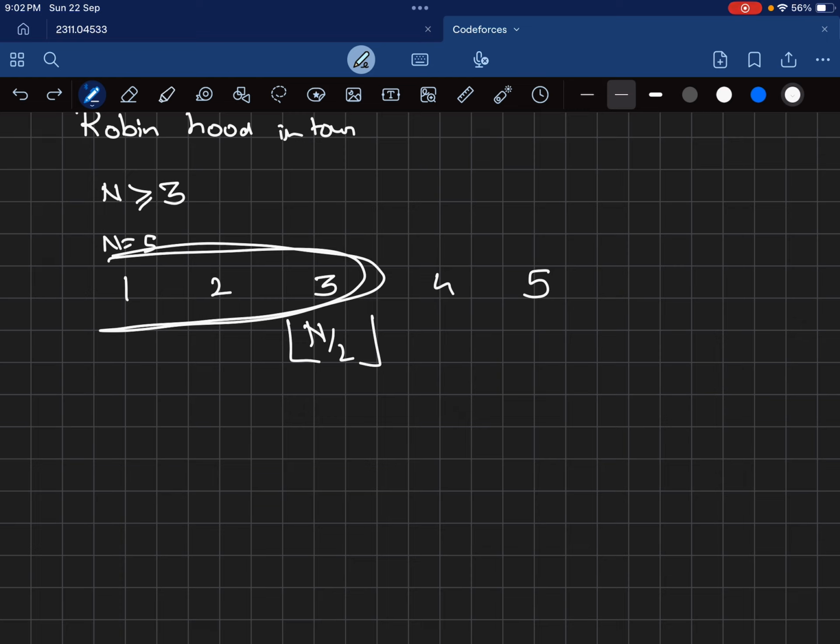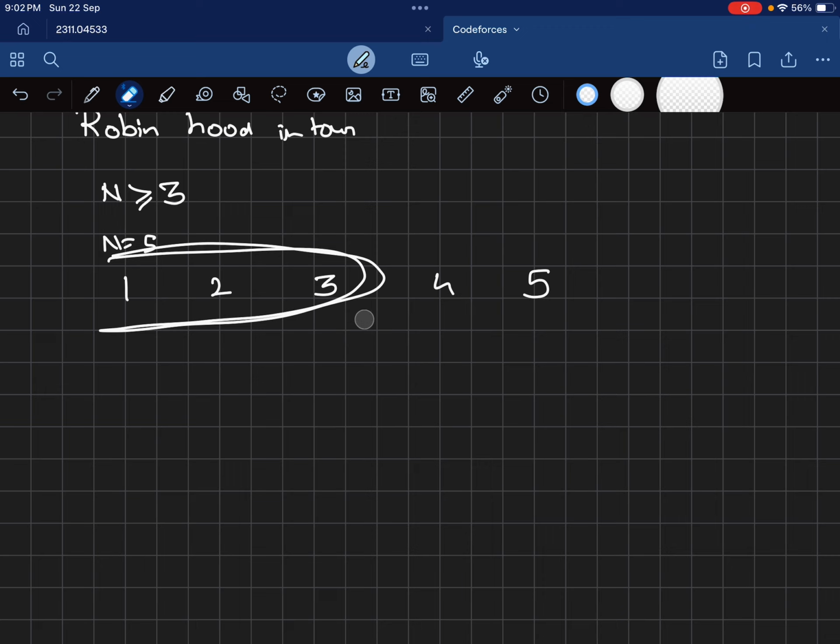If this person in the sorted order, in the ascending order of the wealth, the n by 2th person, gets dissatisfied, then in this situation we can say that essentially Robin Hood will show up.